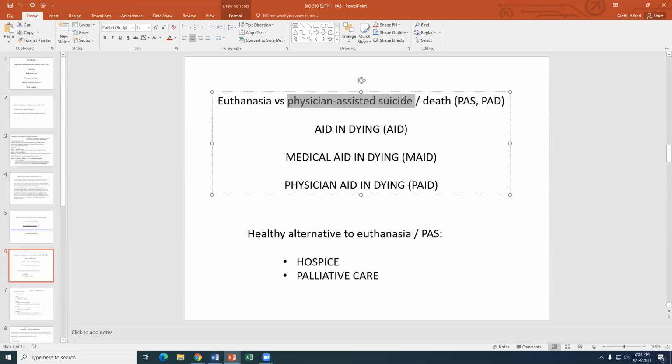Dying by lethal dosage, okay? Or killing myself by the lethal dosage that is regulated, that it's not over-the-counter stuff. So aid in dying. Okay, so the medical profession is involved in it. How about medical aid in dying or physician aid in dying?